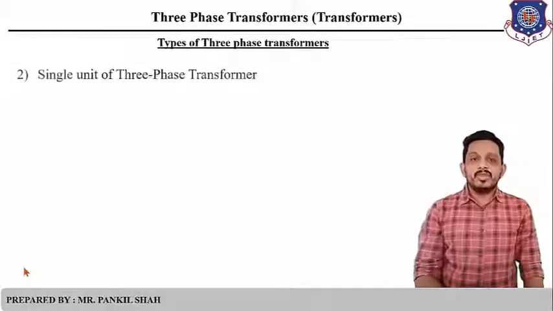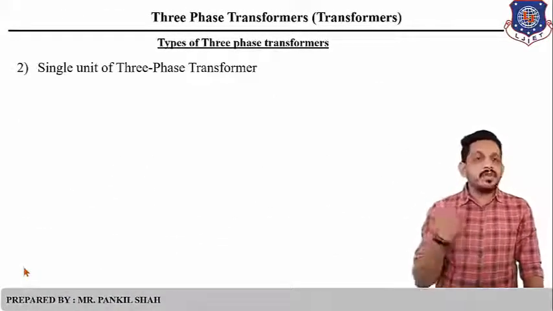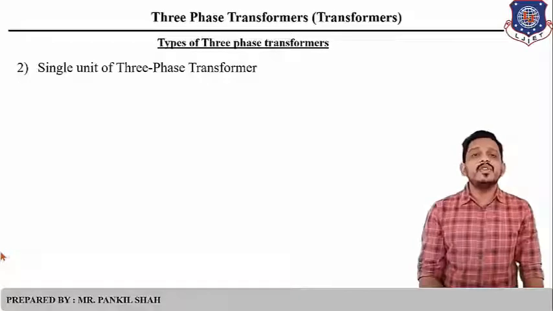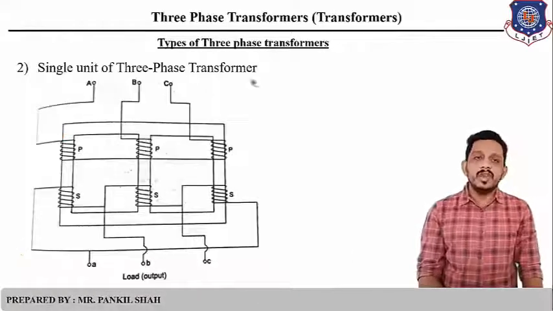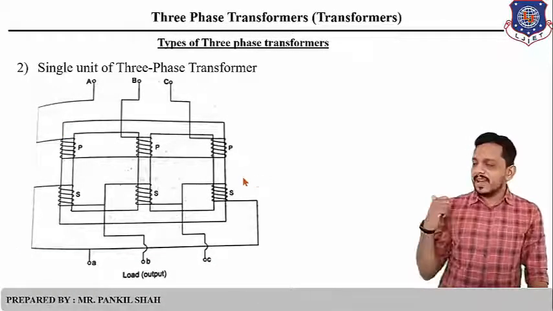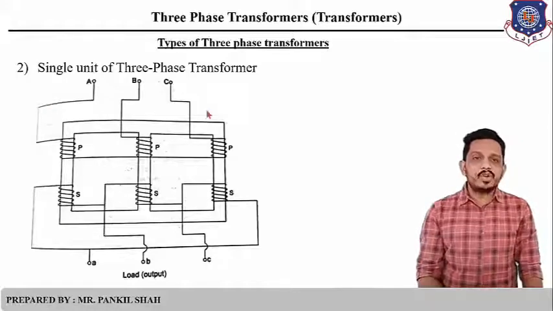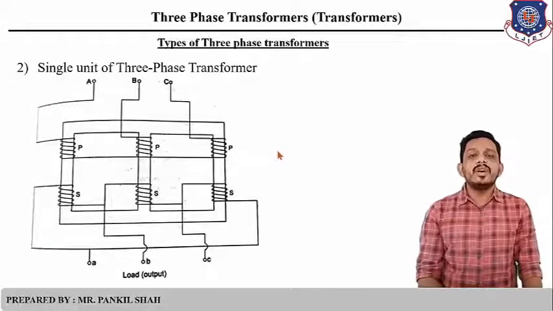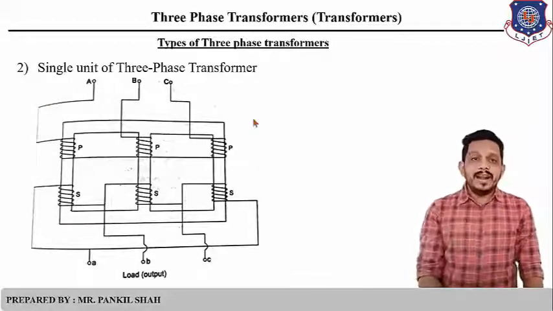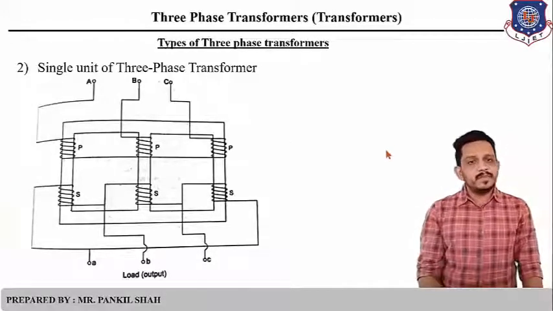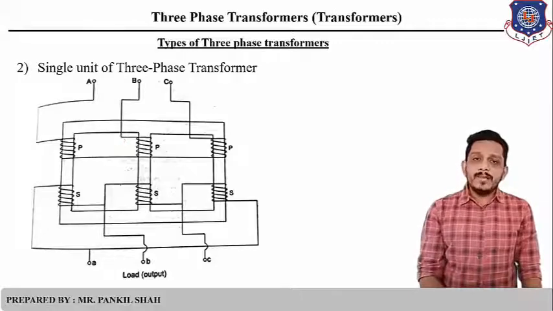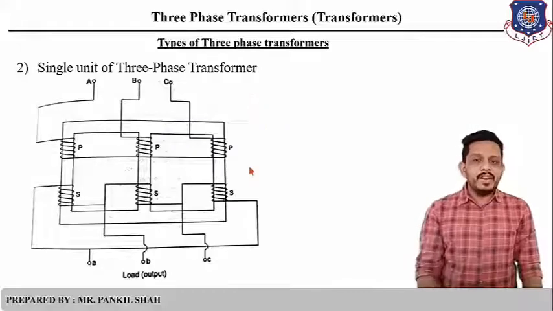Now let's talk about the second type of transformer, the three-phase transformer, that is a single unit three-phase transformer. You can consider this diagram. In this diagram, you can see that there is only a single unit of core available, and this is a shell type of core, and on this core there are three limbs. So the primary winding of the first phase should be connected here, primary winding of the second phase is connected here, and primary winding of the third phase is connected.